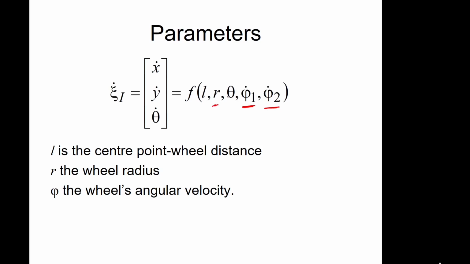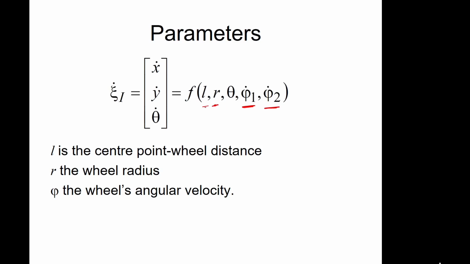And then the distance between the wheels, L. So, the distance between the wheels is classed as 2L. So we've defined L as the distance from the origin of the robot reference frame to the wheel. So the half distance is L, or the distance between the wheels is 2L.